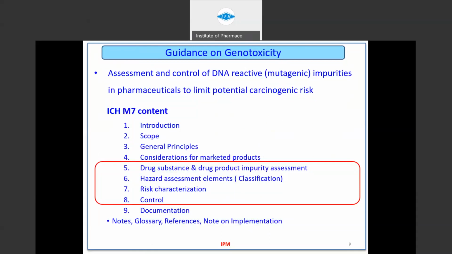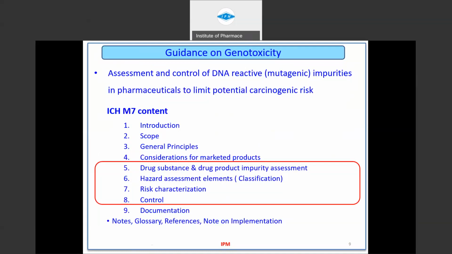Operative part meaning, if you see here on this slide, the points 1 to 4 are related to introduction, general scope, principle, and the administration about products and marketed products and new applications and all that. Whereas point 5, 6, 7, 8 are related to operative part, and that is what we will discuss in detail.